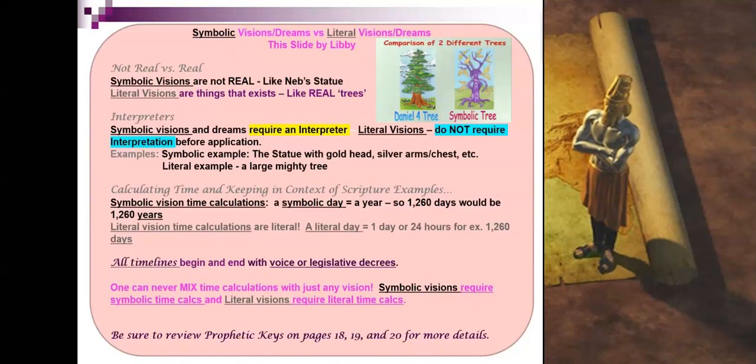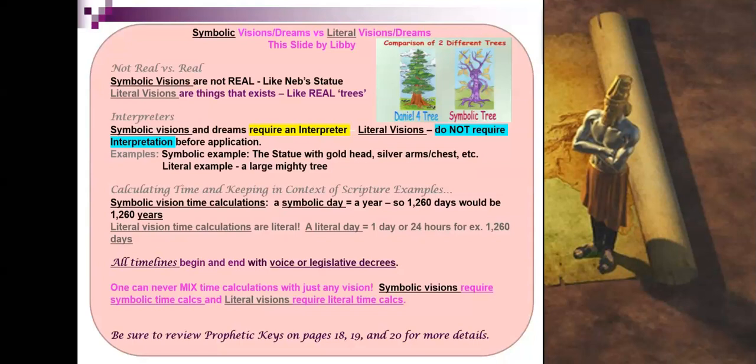And we're going to see that a literal vision does not require interpretation because Daniel knew what that meant instantly, because in Yah's word, other kings and nations had been referred to as a great tree or a big tree.